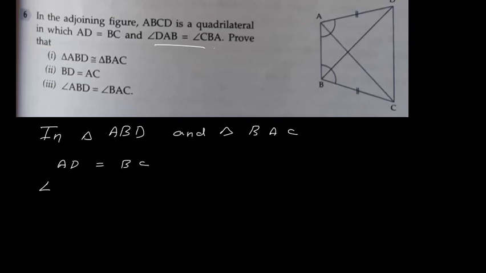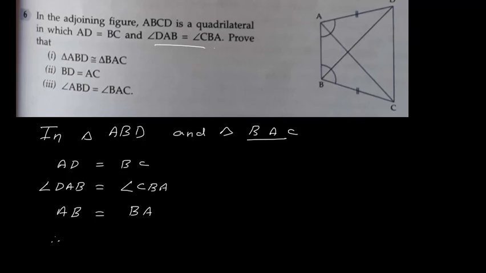Angle DAB is equal to angle CBA, and side AB is equal to side BA.